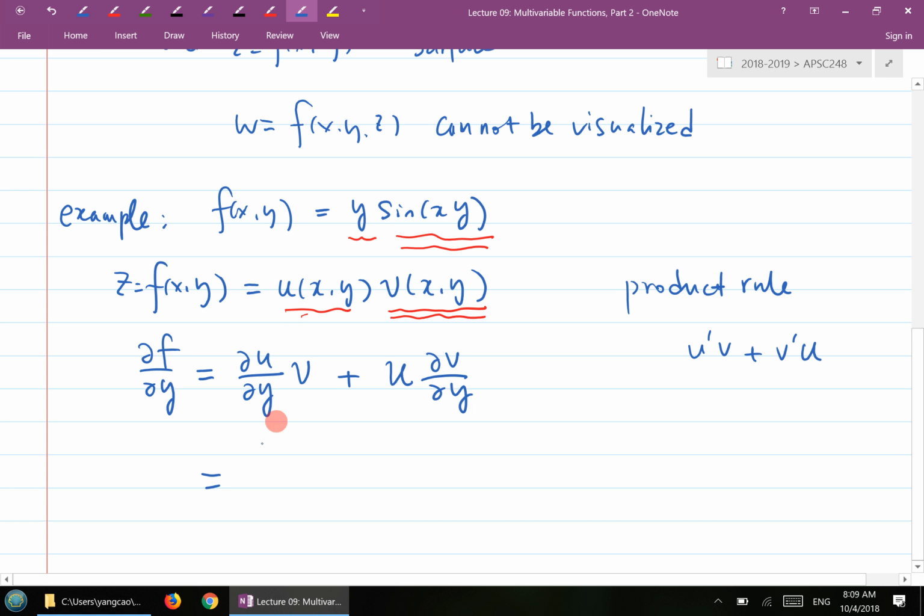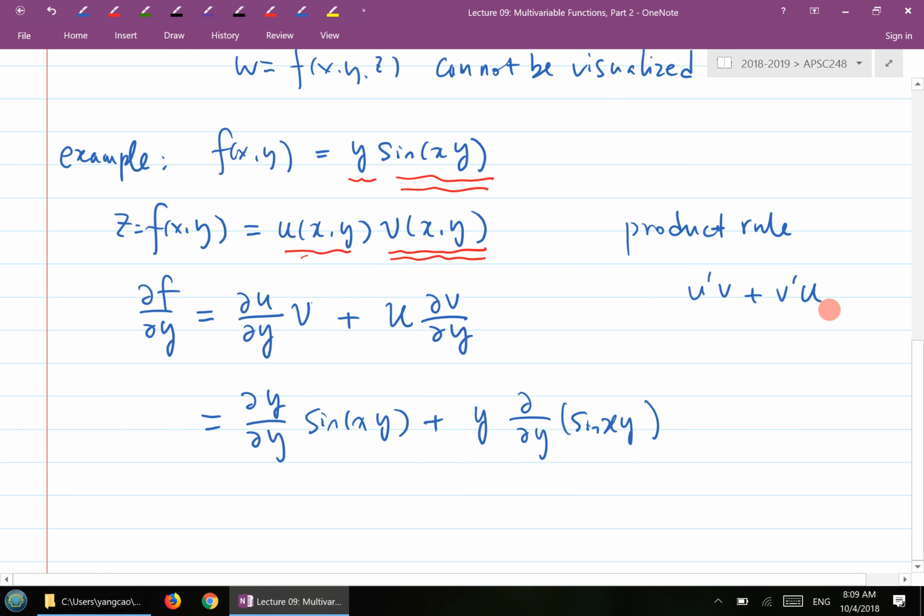But anyway, we can still write it down here: partial y over partial y times v, and v is sine xy. And the second term: u is y here, times partial v over partial y, where v is sine xy. So that's how you substitute everything.